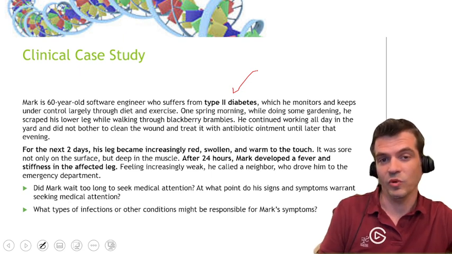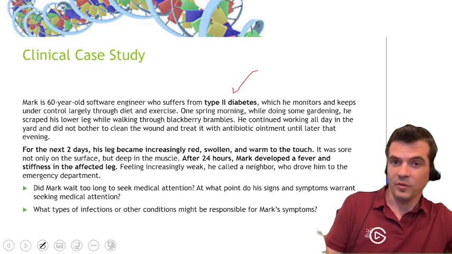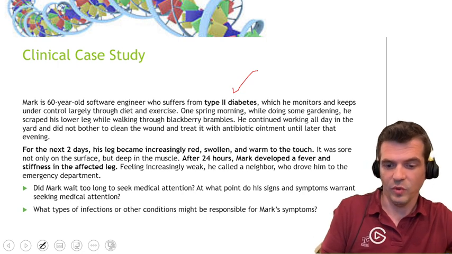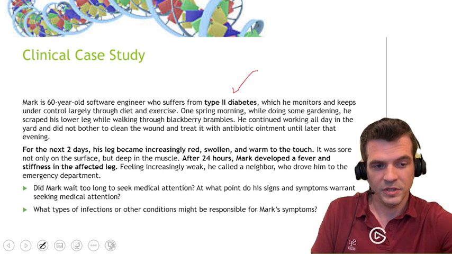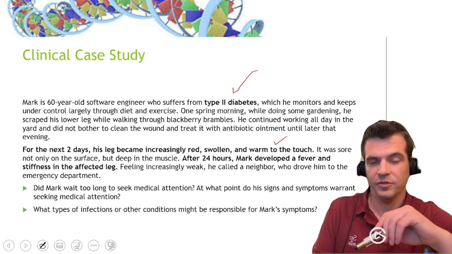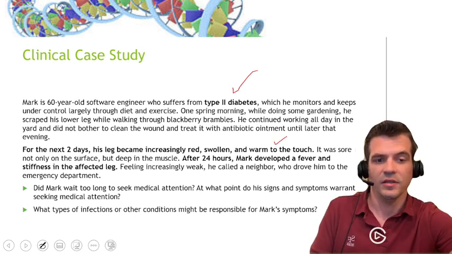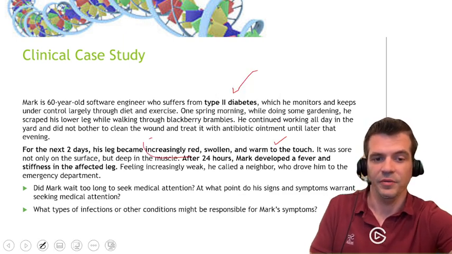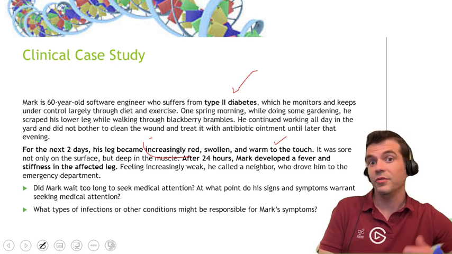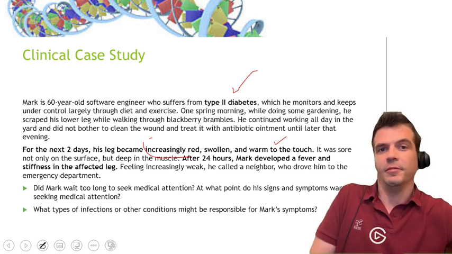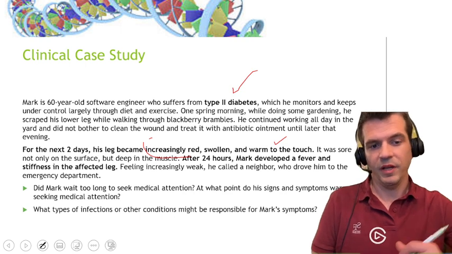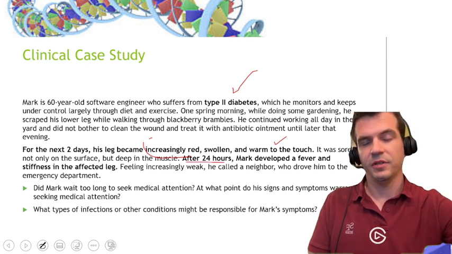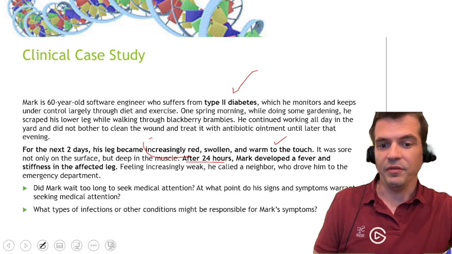If your wounds become red, you might want to take care of it first yourself with soap and water before you just jump to conclusions. But once it becomes warm to the touch, swollen, and increasingly red, right, instead of decreasingly red, it was time to go to the doctor. Okay, so waiting this extra 24 hours did Mark no favors.